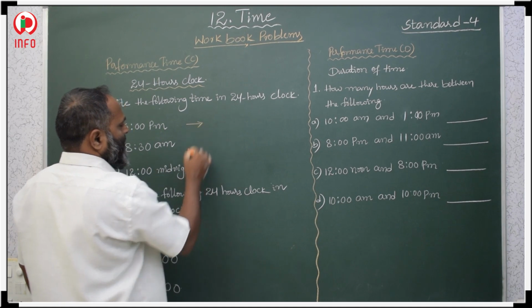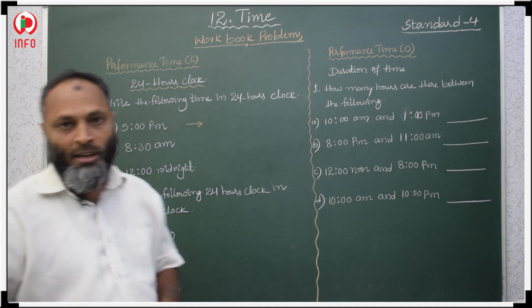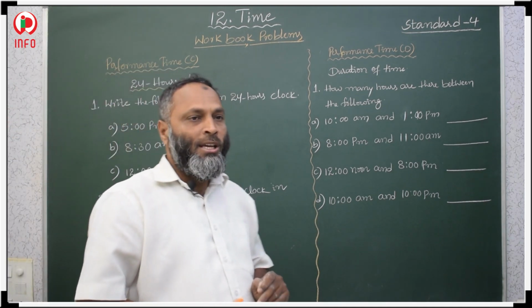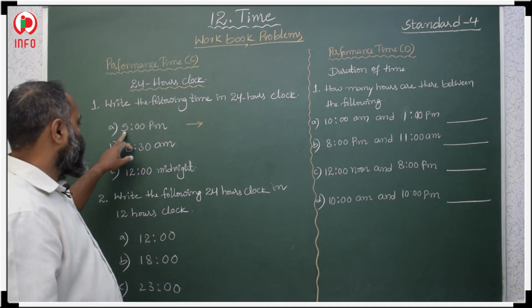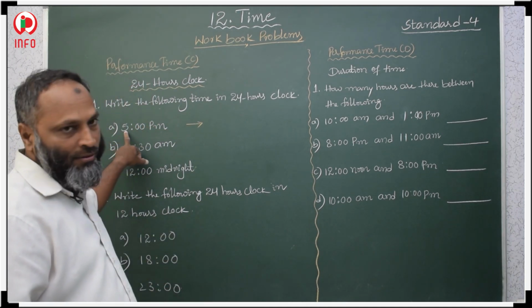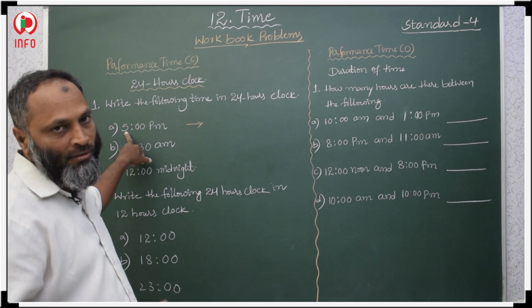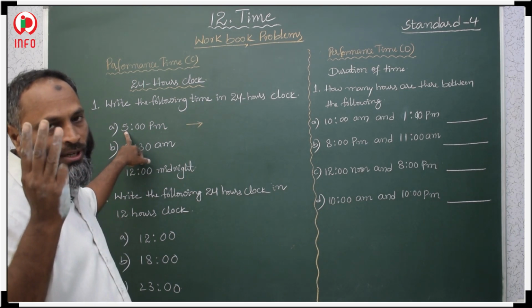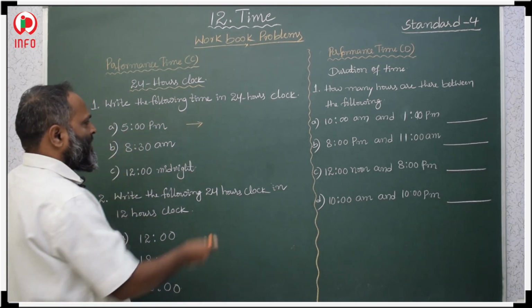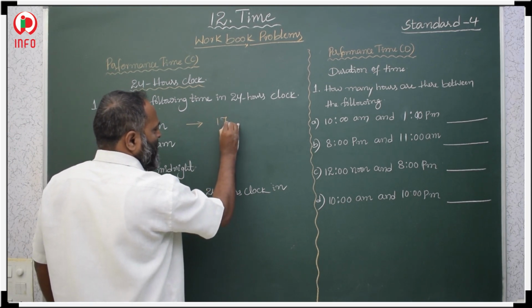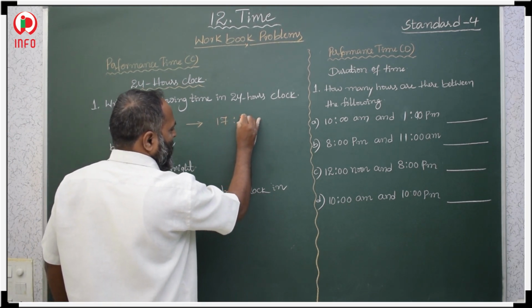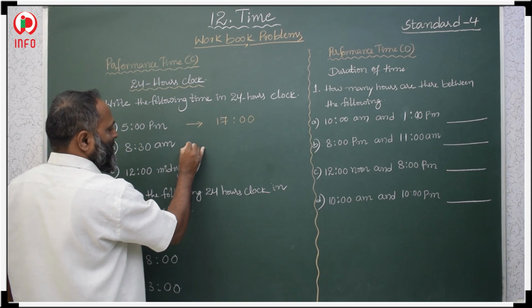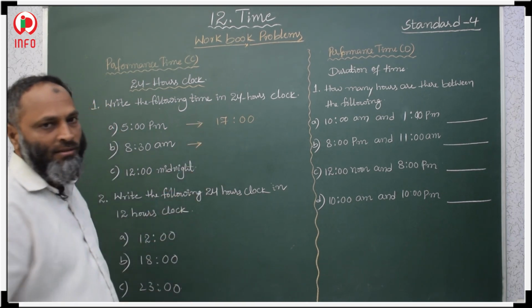When PM is given, then we should add 12 to the given hours. 12 plus 5: 13, 14, 15, 16, 17, so 17 hours.